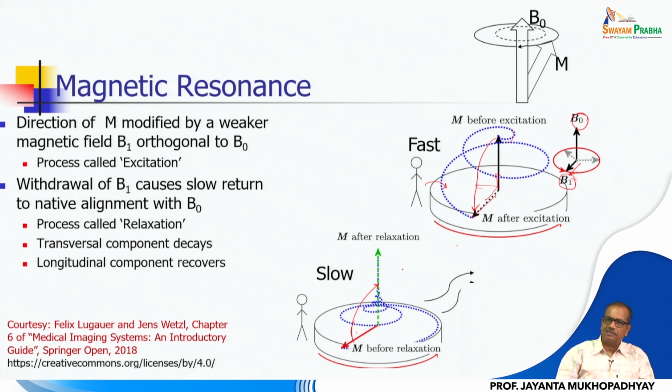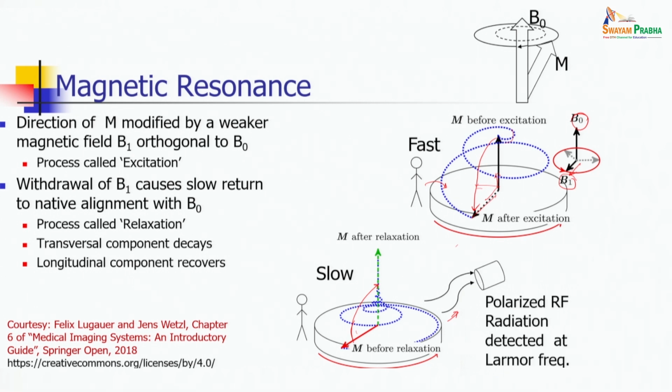During relaxation, it also emits radiation, and this frequency would also be the Larmor frequency. So you can detect this radiation, and by detecting it you can find out how much magnetization is there. The amount of radiation will be based on that.